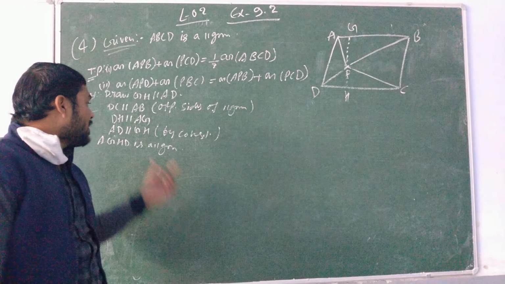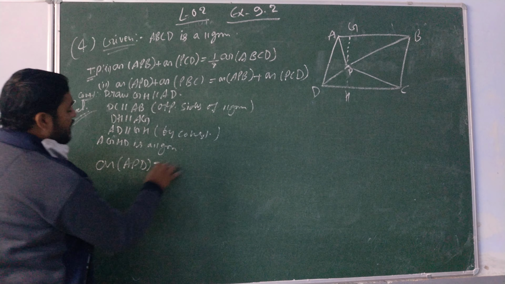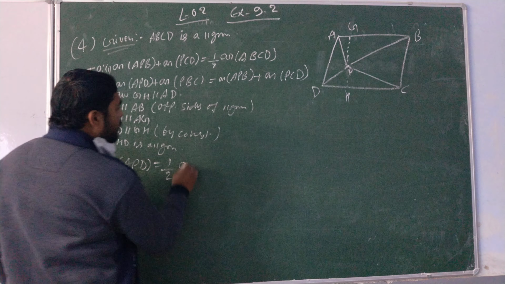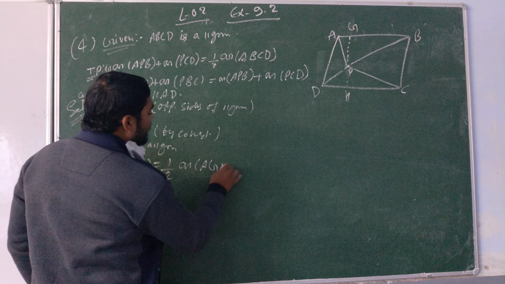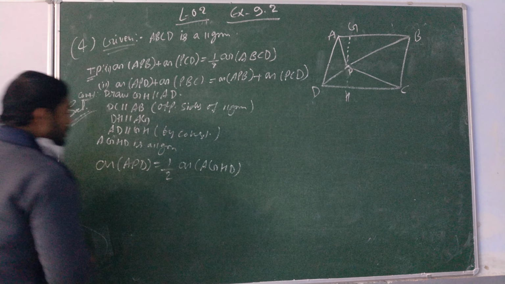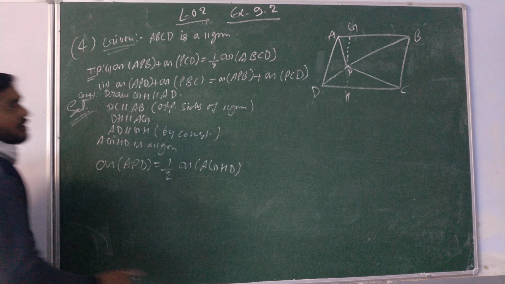Now triangle APD, this is the point P, and the parallelogram AGHD are on the same base AD. So the area of APD is equal to half of the area of AGHD. Write the reason.